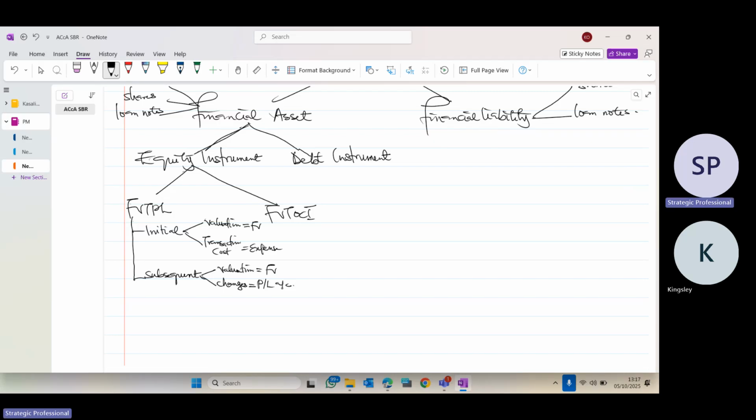If, let's say, the equity instrument is rising, the changes therein go to our P or L account, while we will still value it at the initial cost of that instrument.